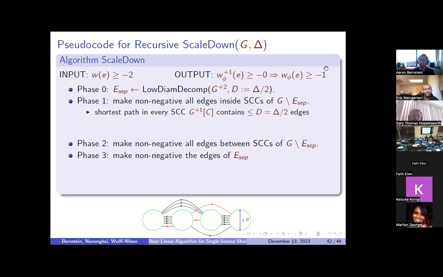So now d is delta over 2. So inside our components, all the shortest paths use at most delta over 2 edges. But that means that we're allowed to call scale down delta over 2. So that's the whole algorithm here. We're just repeatedly decomposing to get smaller and smaller components. And you only end up with log n recursive calls in total.